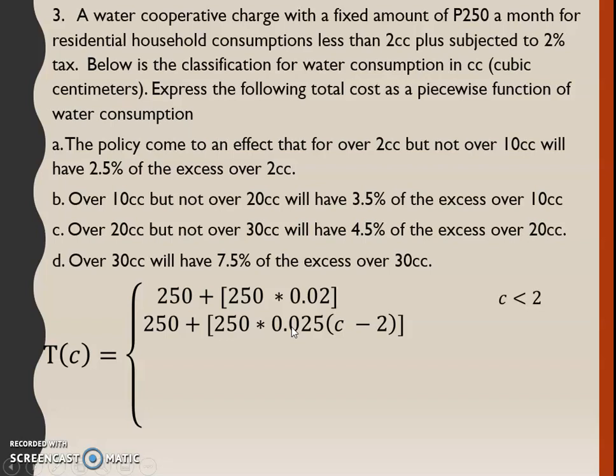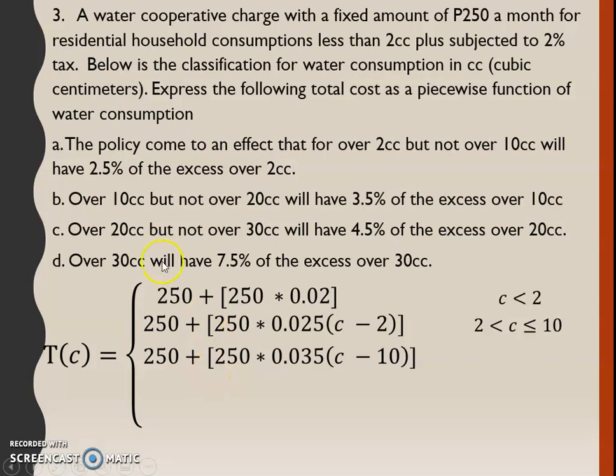So the rate will be 250 times 2.5% times the excess of 2 cc. So you have C greater than 2 but less than 10.